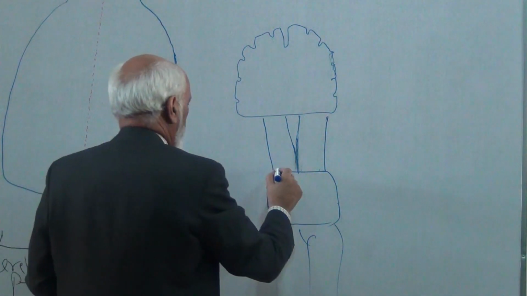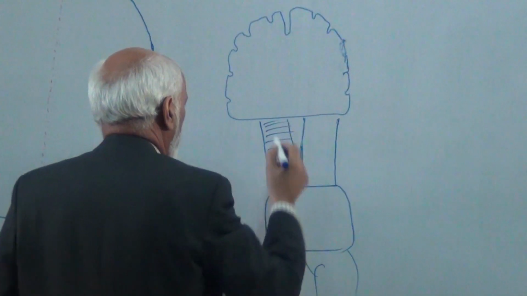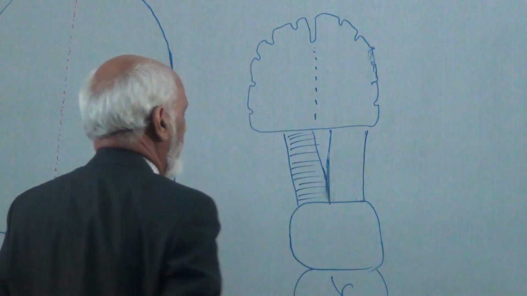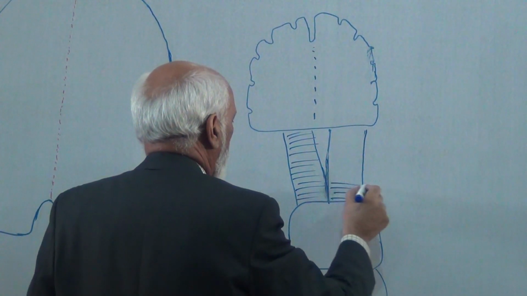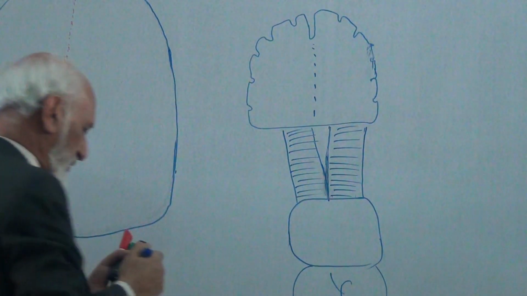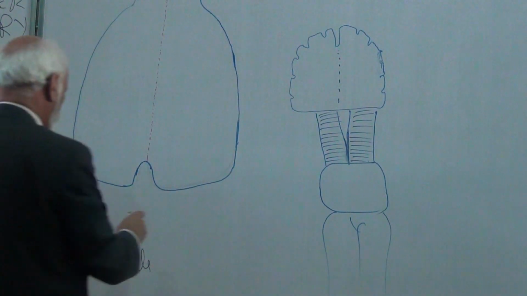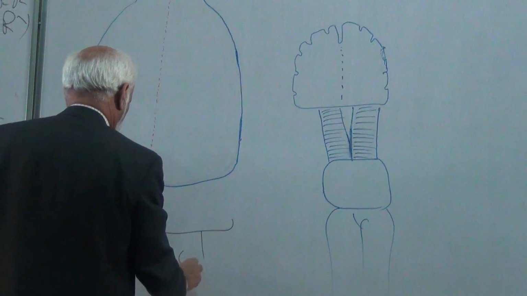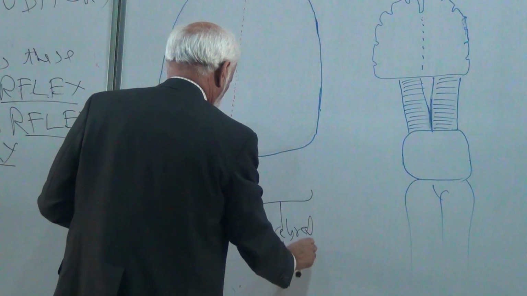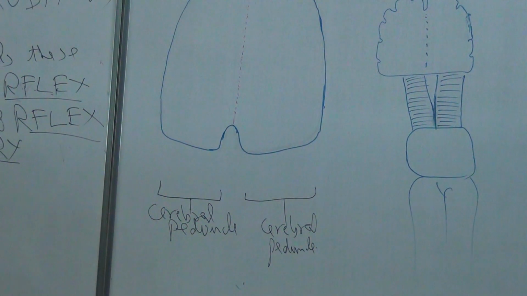So you can see above the right half of the midbrain, or right cerebral peduncle, is the right cerebral hemisphere, and above the left cerebral peduncle is the left cerebral hemisphere. So these are the cerebral peduncles, right and left. Each half of the midbrain is known as a cerebral peduncle.